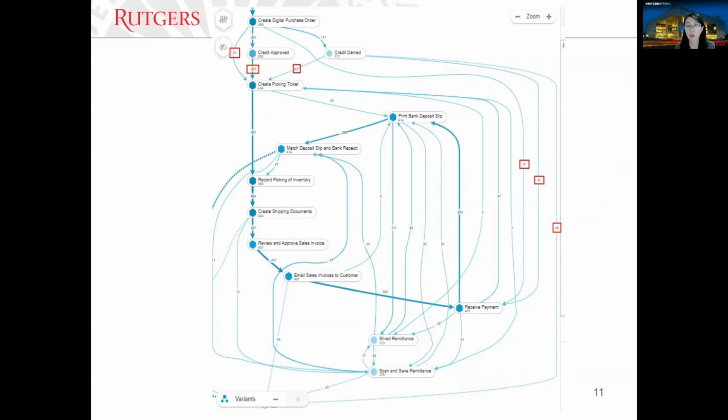For instance, we know that credit denied transactions should be flowing to the end of the business process. There should not be any more subsequent activities. However, as you can see, there are 42 transactions flowing from credit denied to create a picking ticket. And there are 30 transactions flowing from credit denied to receive payment. These transactions may indicate potential issues that require further investigation.